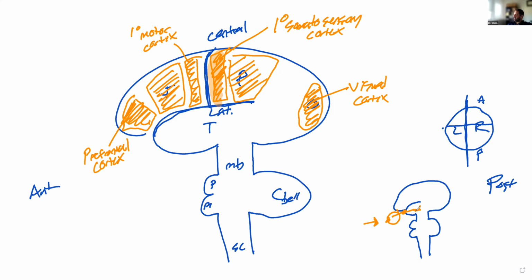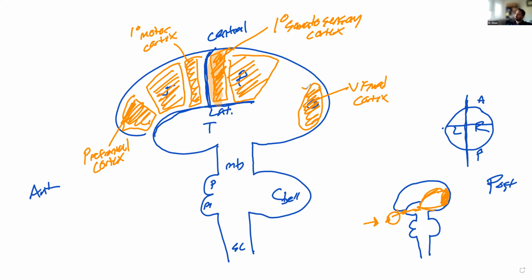Then we have these radiations of these signals going through the temporal lobe, which is more inferior, and up through the parietal lobe, which is more superior, and they're going to be hitting this portion of our cerebral cortex back here in the occipital lobe called the visual cortex. And so it's going to be processing that information.